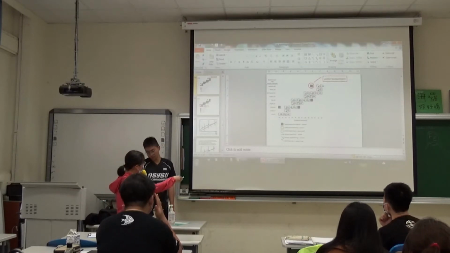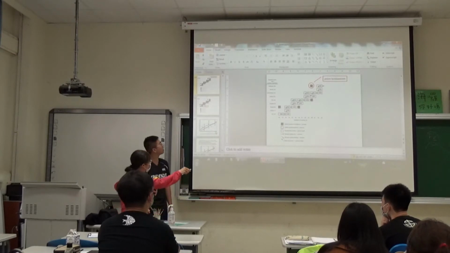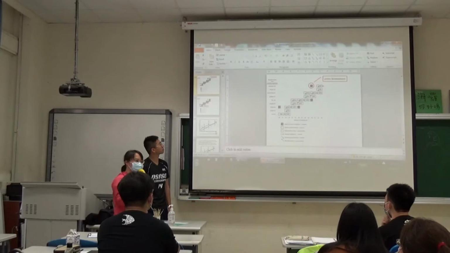Compared to all these isotopes, this one has the highest number of neutrons. So that means neutron rich.